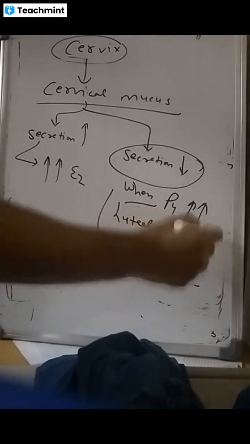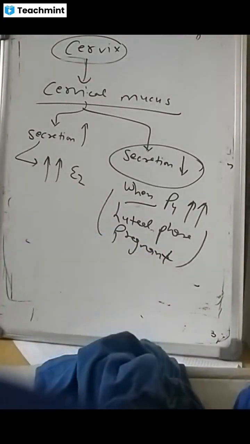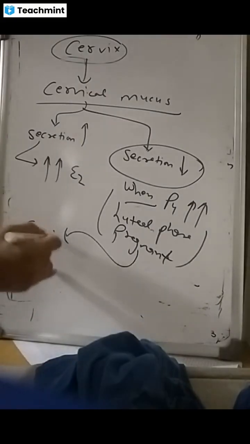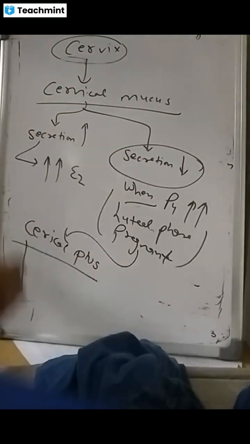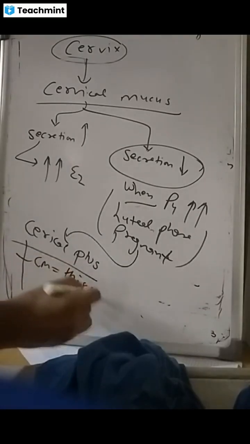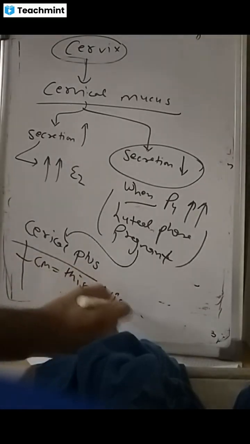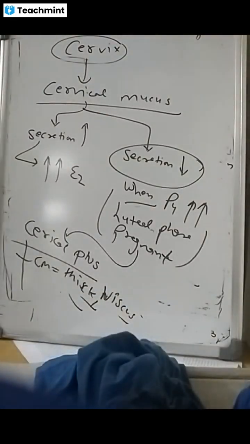Luteal phase, that is pregnancy, pregnant cattle. In case of pregnant cattle, there is one term, cervical plug, meaning the cervical mucus is thick and viscous at the cervix. That is the cervical plug of pregnancy.